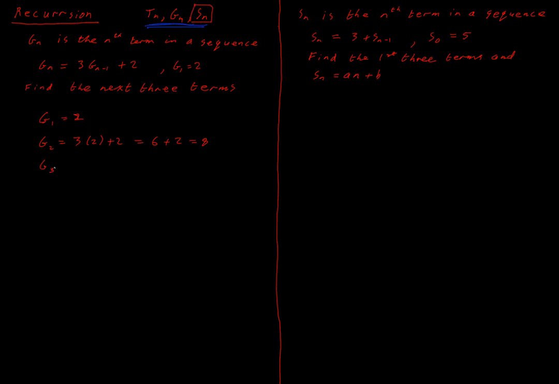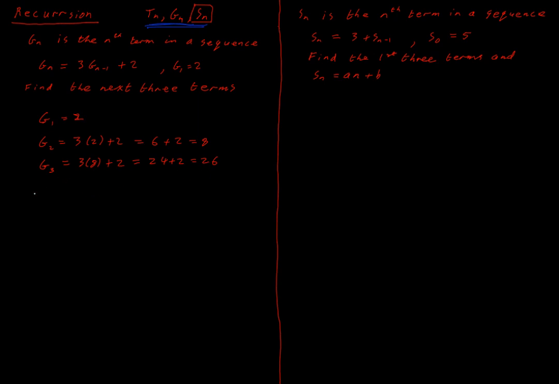What's G3 going to be equal to? It's going to be 3 times the last term, which is 8, plus 2, which ends up being equal to 3 times 8 is 24, plus 2 is equal to 26.